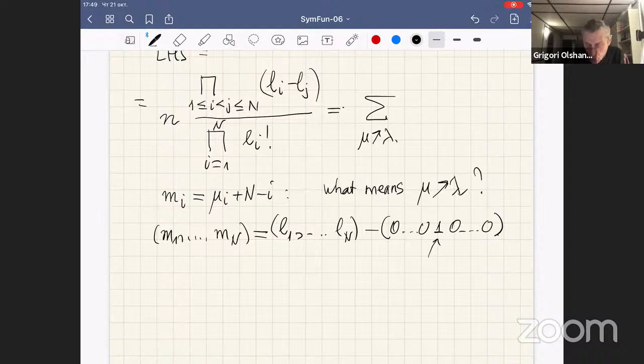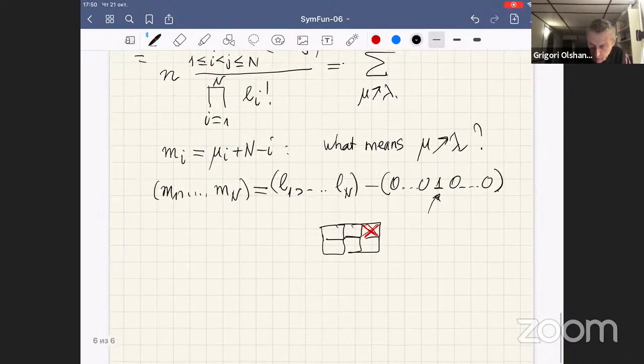It should be so that after removing one from a coordinate, we get a Young diagram. For instance, if you have some Young diagram of such a type, it's forbidden to remove this box.